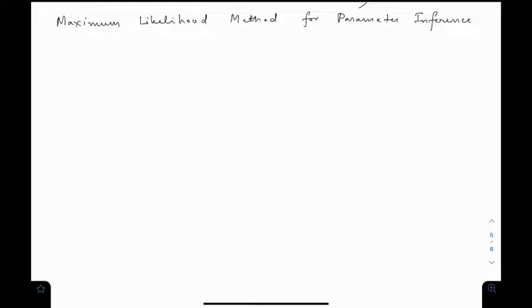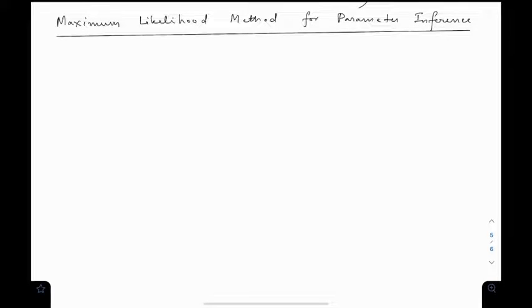So in that case, it makes sense, or it is plausible, to choose the parameter such that the likelihood is as large as possible.